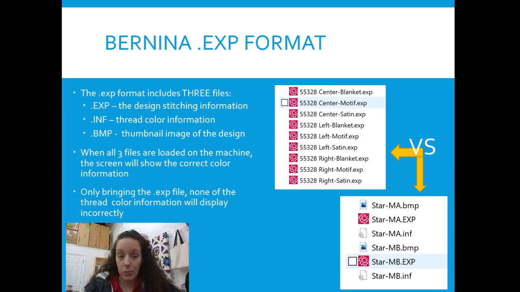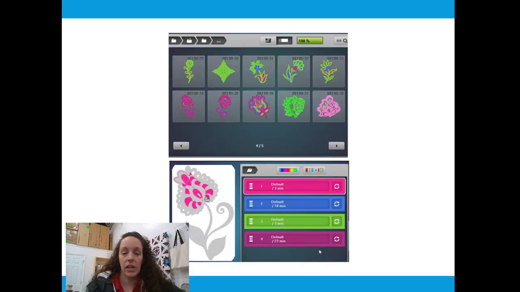You don't have to bring all 3 of them. You can just grab the EXP format and bring just the EXP format, but note that only the stitch information will be there. You'll get a graphic image there, but it will not be in the right thread colors, okay? Your thread color information will come up, and underneath the machine will read like default, very much like what you're seeing here on this image.